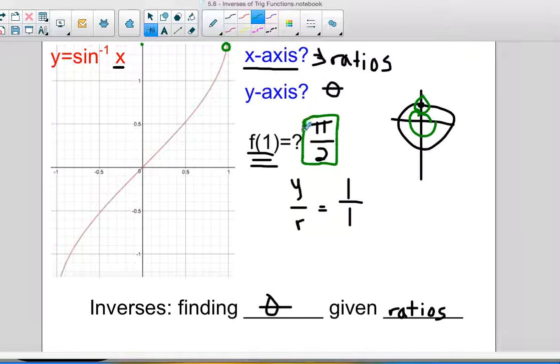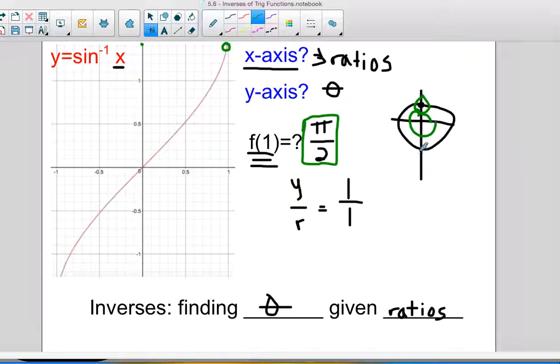If you could extend this graph and pretend that it made this shape the whole way through, it would also hit 1 at 3 pi over 2, which would just be a lot higher than what I graphed. But there's a reason why we only graph a small part of it, because it's only going to be a function for a small part of it. So pi over 2 is correct, but technically -3 pi over 2 or 5 pi over 2 are also correct.